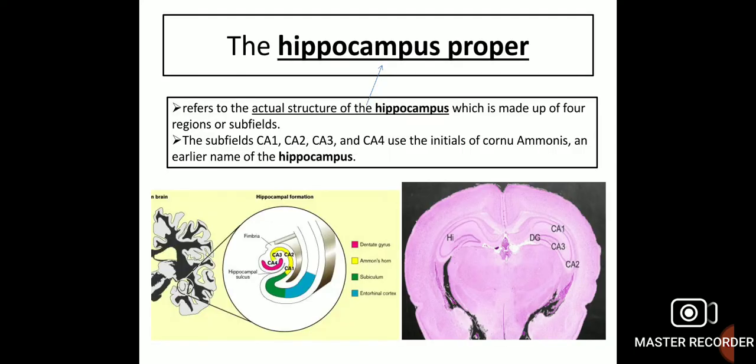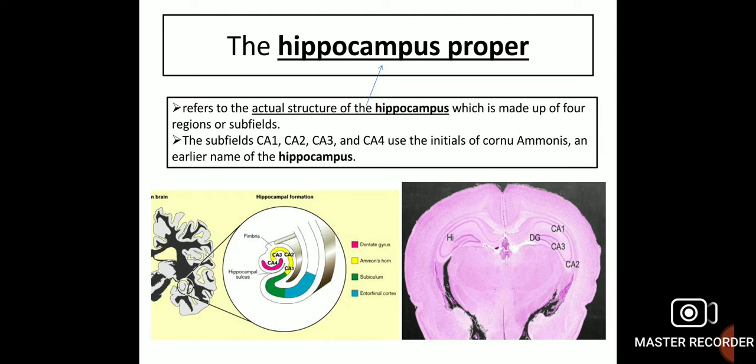The actual structure of the hippocampus is called the hippocampus proper, and it is made up of 4 regions or subfields. These subfields are CA1, CA2, CA3 and CA4, which use the initials CA of cornu ammonis, the earlier name of the hippocampus. In the left lower figure you can see CA1, CA2, CA3 and CA4 shaded in yellow.